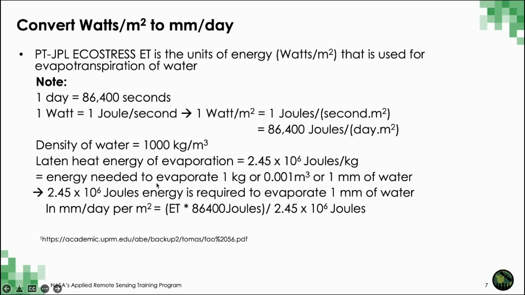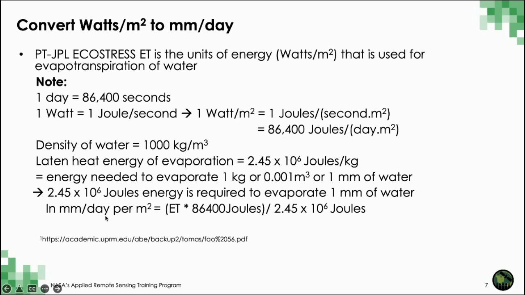And this is the energy needed to evaporate 1 kilogram of water. Based on this density, 1 kilogram of water would be a volume of 0.001 meter cube, or it is 1 millimeter of water depth over a meter square of area. So that's the conversion that we use. So 2.45 times 10 to the 6 joules of energy is required to evaporate 1 millimeter of water.